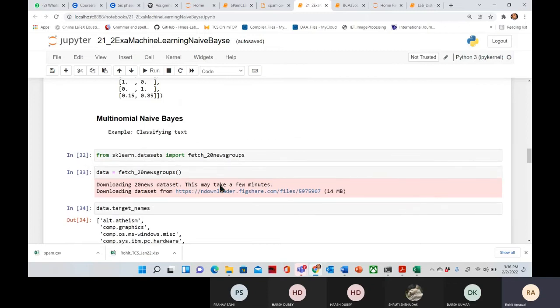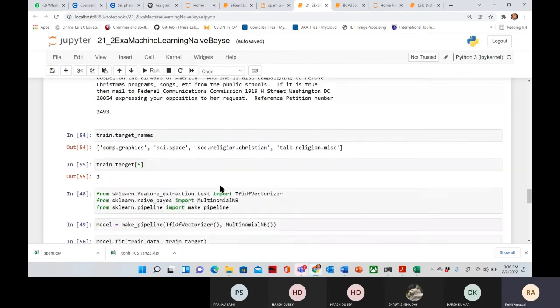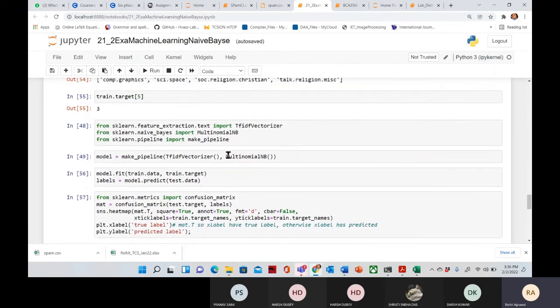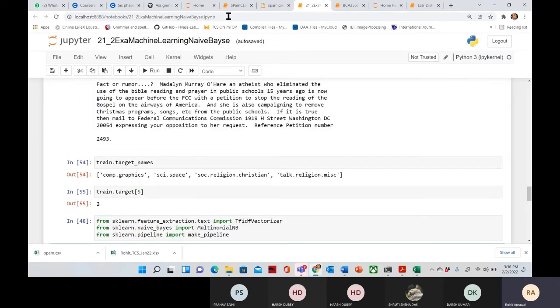Let me check. Okay, yeah, this one, the multinomial Naive Bayes classifier. Okay, so I will show you in this example.